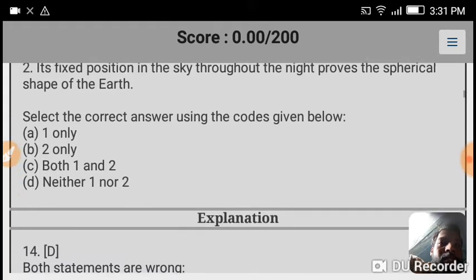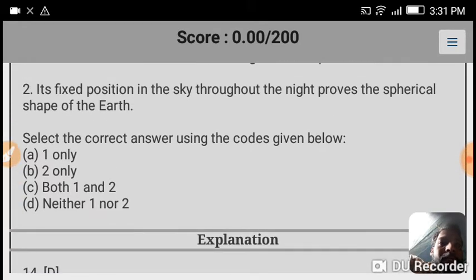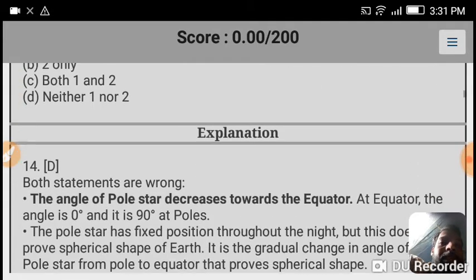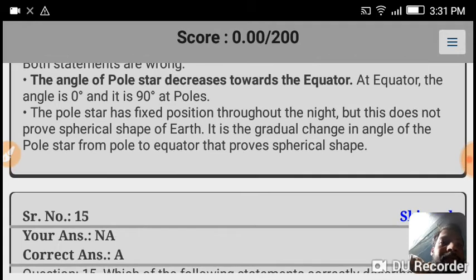But here the question says it is a fixed position in the night sky throughout the night that proves the spherical shape of the Earth. It is the gradual change in the angle of the pole star from the pole to the equator that proves the spherical shape. The pole star has a fixed position throughout the night, but this does not prove the spherical shape of the Earth.